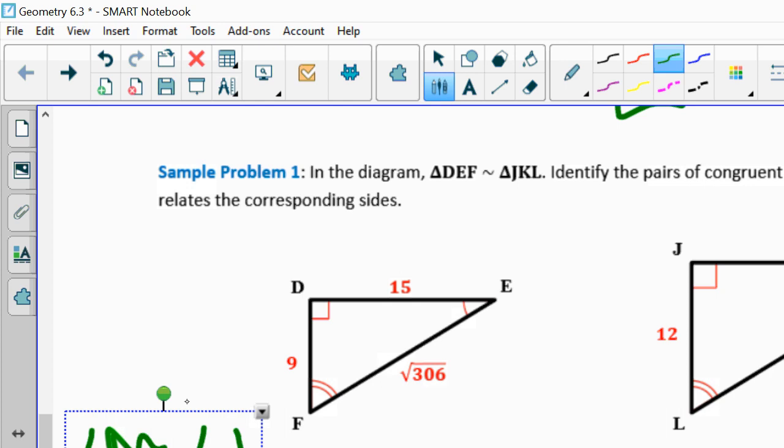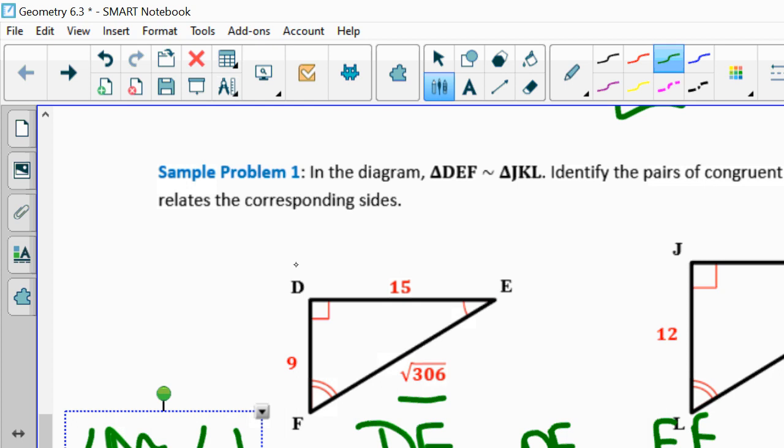Then it says write a proportion that relates the corresponding sides. So I would have DE over JK equals DF over JL, which equals EF over KL. I notice that KL has a radical, as does EF, so let's use one that doesn't.